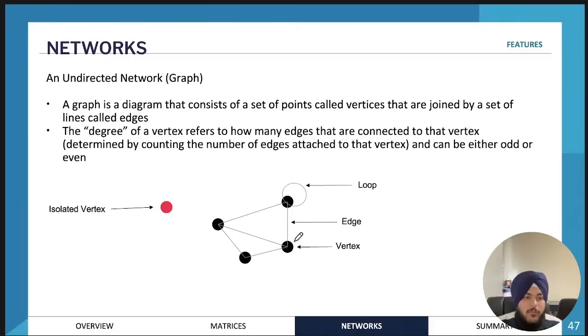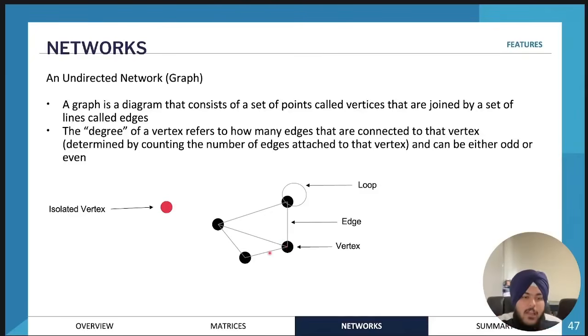The degree of a vertex just refers to how many edges are connected to that vertex. So for example, this vertex over here would have a degree of 3 because we have one edge here, one edge here, and one edge here.